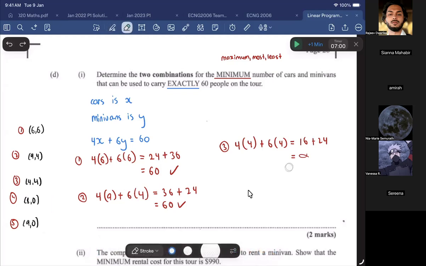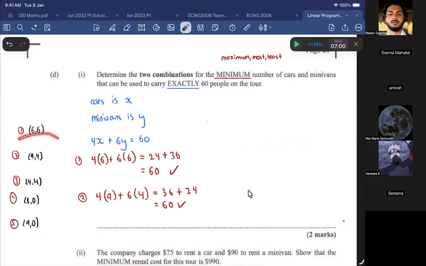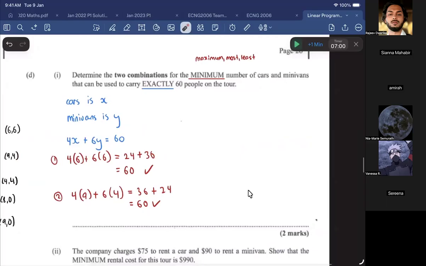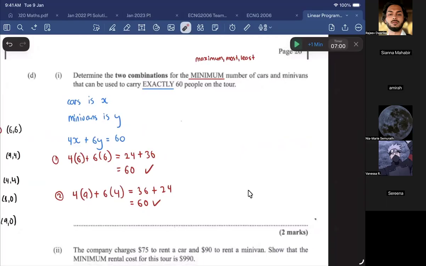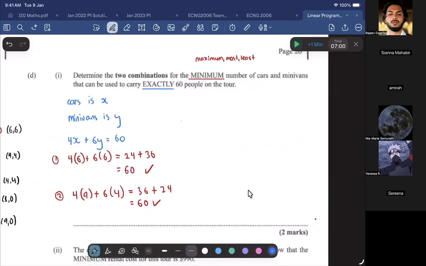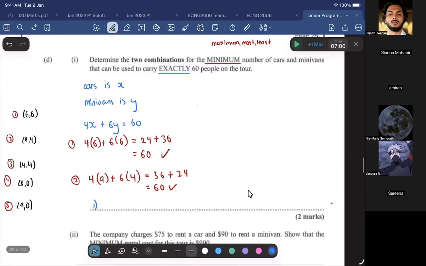So do you understand why I selected option 1 and option 2? Yes. So let's try to write our answer now. Determine the 2 combinations. The 2 combinations were number 1, 6 cars and how many minivans?